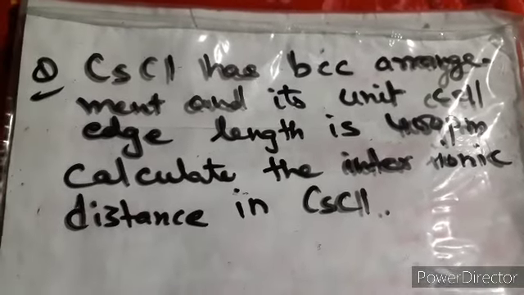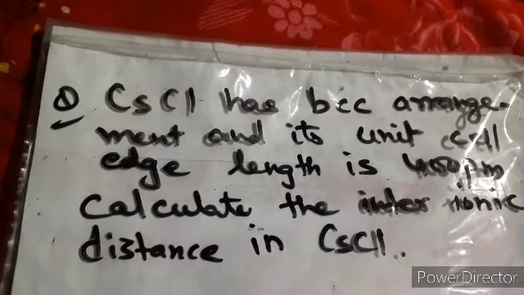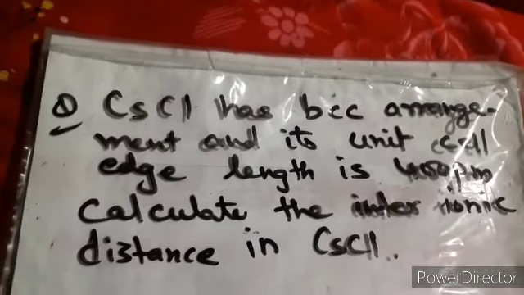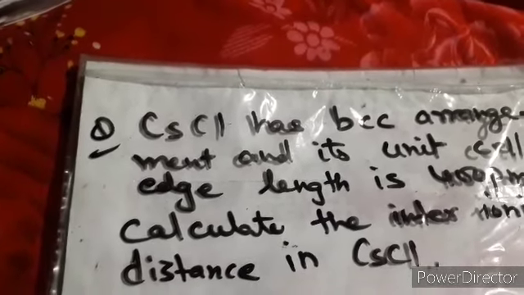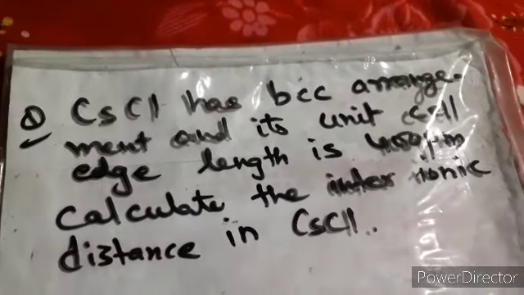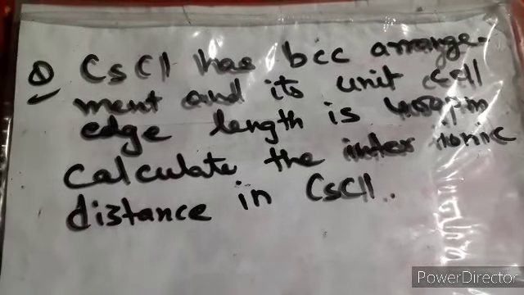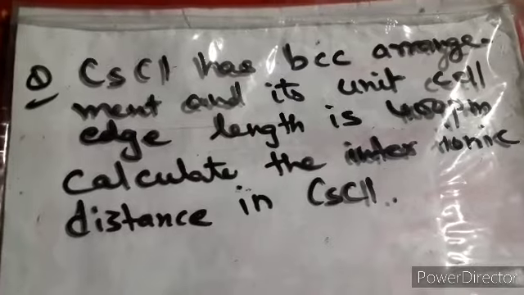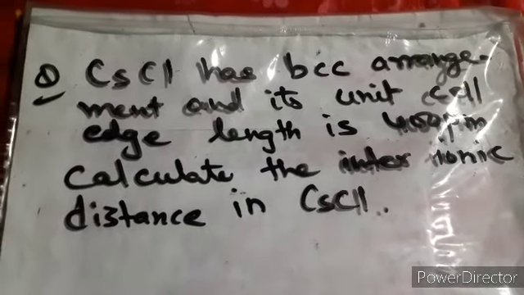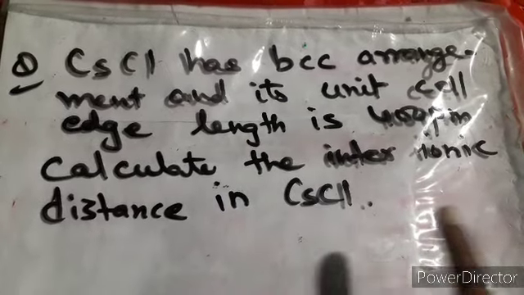Now one more numerical I have given you: CsCl has BCC arrangement, and its unit cell edge length is about 400 pm. Now you have to calculate the interionic distance in CsCl. I copied these numericals from the book, because it's difficult for me to remember all the numerical questions.